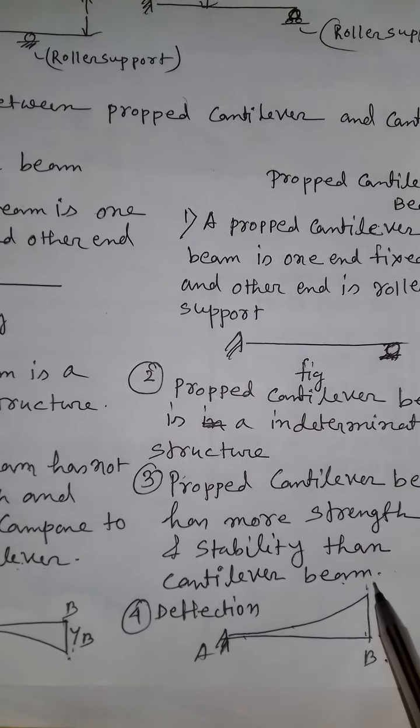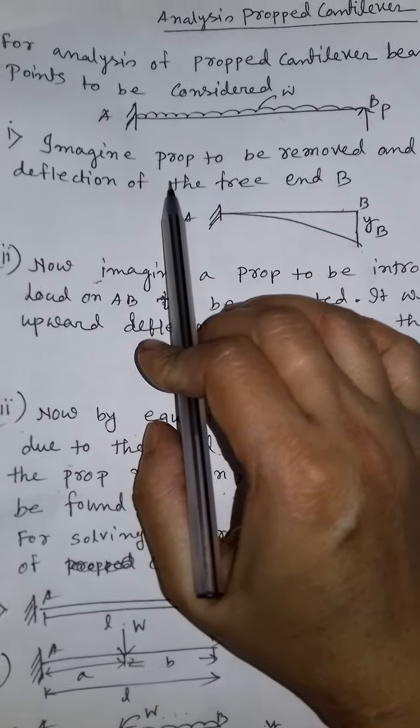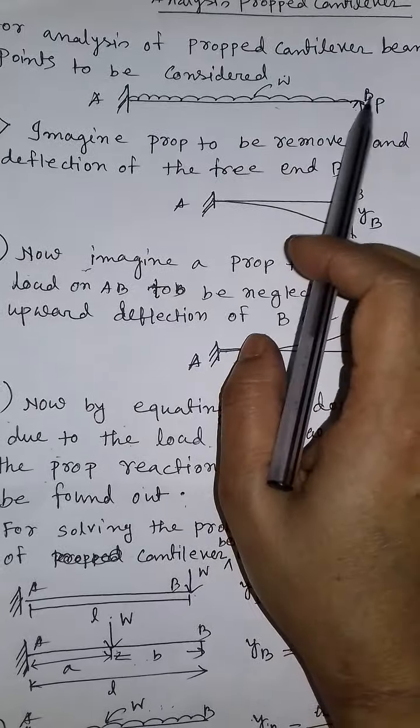Now we see how to analyze the propped cantilever beam. For analyzing the propped cantilever beam, the following points are to be considered. Suppose this is a propped cantilever beam. First step, we imagine that we remove the prop and find the deflection.